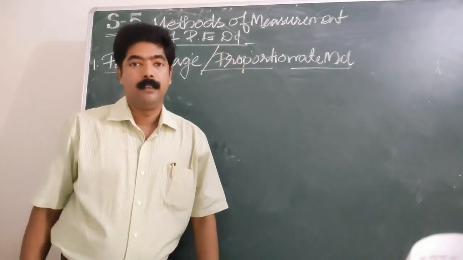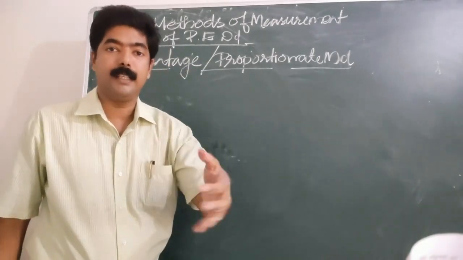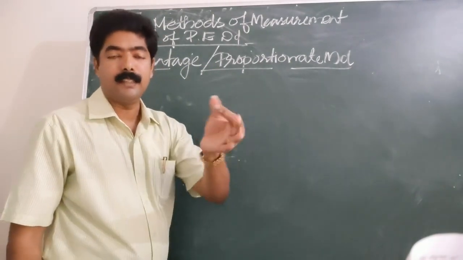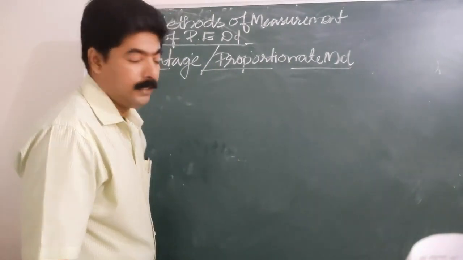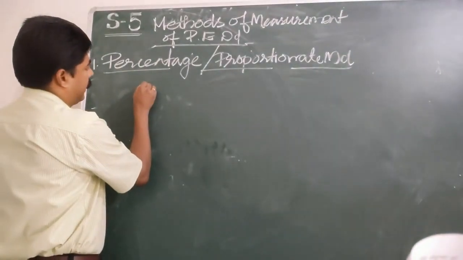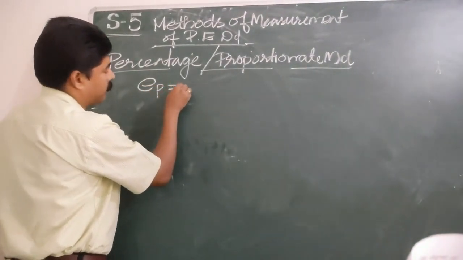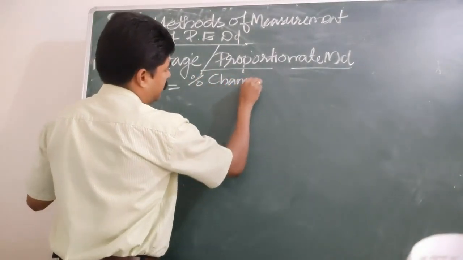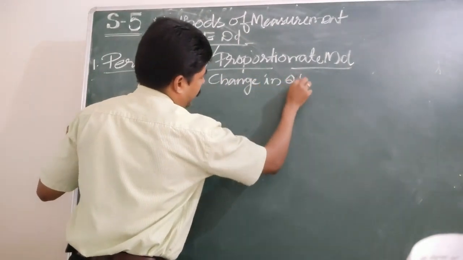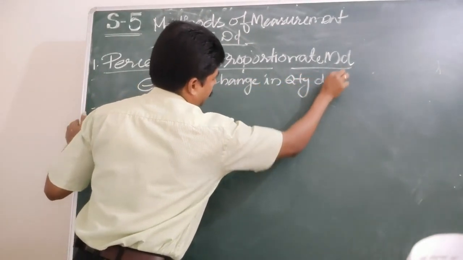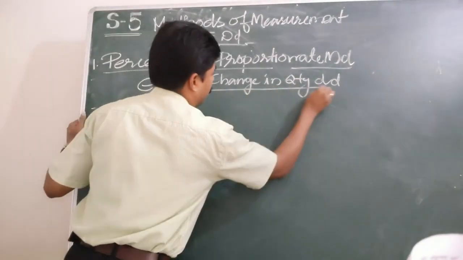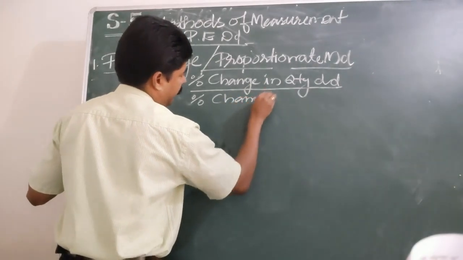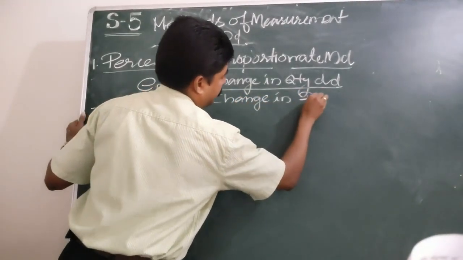Symbolically, in order to calculate the price elasticity of demand in the proportionate method, we can form a formula. Price elasticity is equal to percentage change in quantity demanded upon percentage change in price.